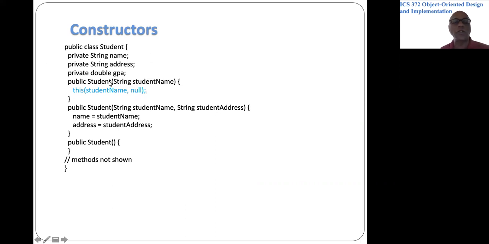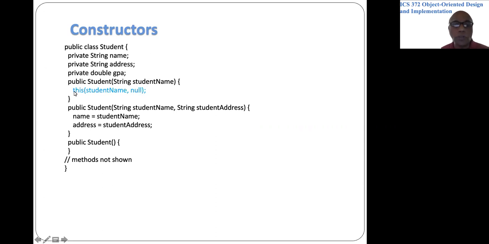So when you create a student with student name and student address, both are stored in these 2 fields. But you can also create a student with just the name, in which case I don't have to repeat this code over here. Instead, you can call the other constructor with 2 parameters from here by writing this and putting parentheses and passing the parameters within the parentheses.